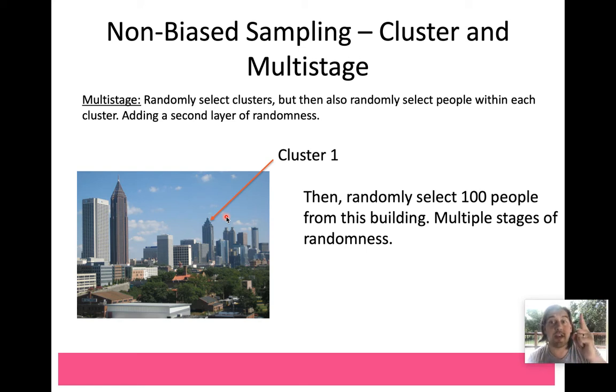And then within that building, we randomly select 100 people. Or we randomly select a floor, right? Floor number 6. And we sample the people from that floor. Multistage simply means you take cluster sampling and you add a second layer of random sampling below the first cluster.